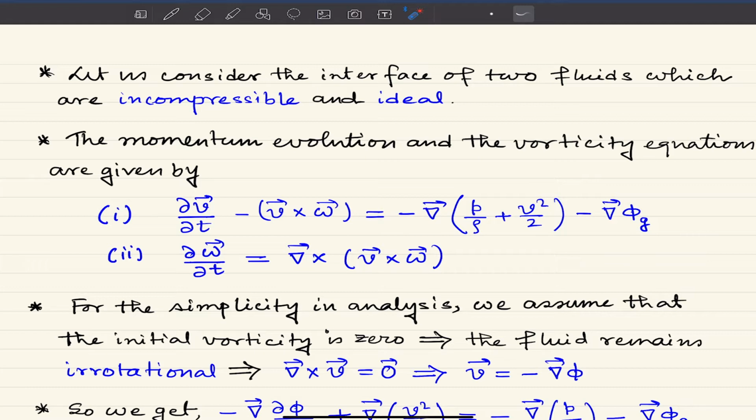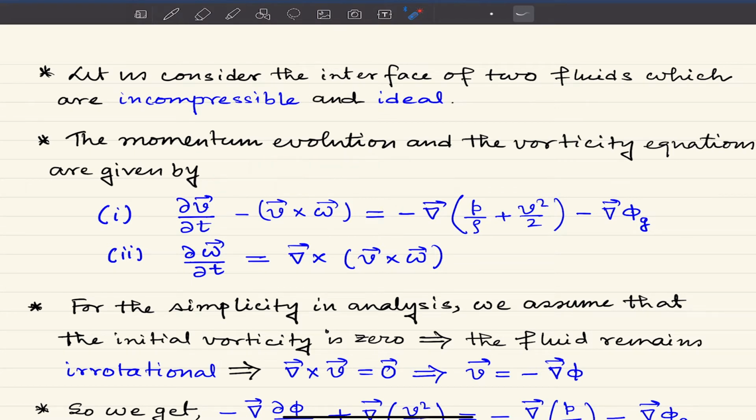You can start with very simple examples: incompressible fluid and ideal fluid. Now just remember the momentum evolution and the vorticity evolution equations for this type of fluid in a gravity field. That is very important. Here we are considering that the fluid is in a body force field, which is gravity.